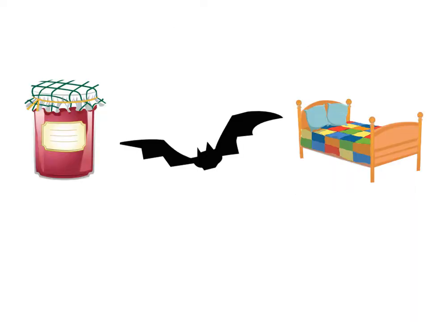So now, I have here 3 pictures, and let's identify each picture. The first one, what do you think it is? That one is an example of a jam. Now, letter J. Is it consonant or a vowel?